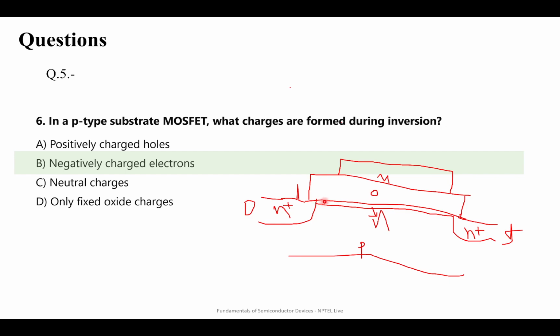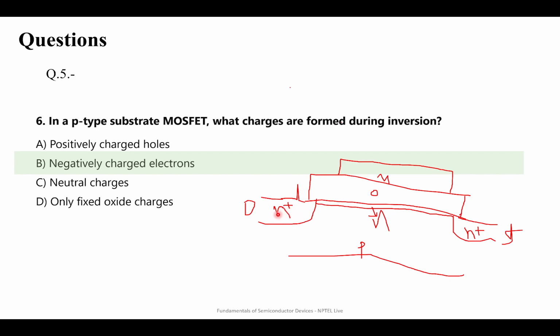So your current will saturate. You are placing source and drain in N plus region, na? Highly doped region. Yes. So basically, a huge number of carriers is available.